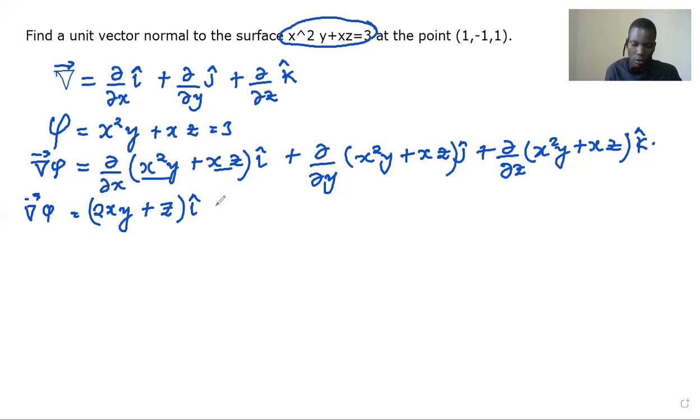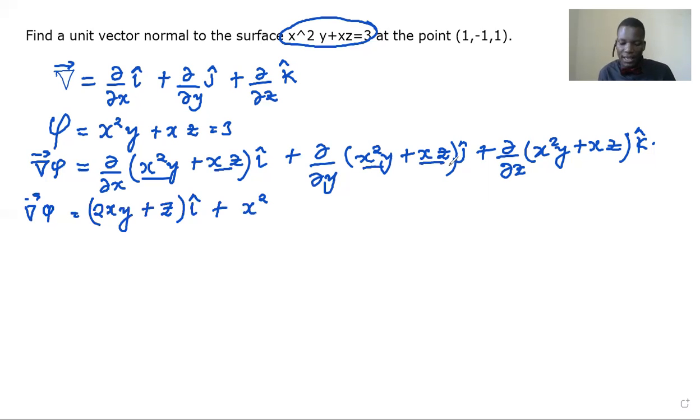Then we go to the second one. Here we have y, and when we differentiate y, we get x squared. The other variables remain constant as you differentiate with respect to the variable in question.